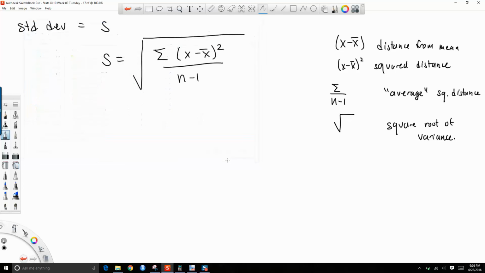Okay. If someone were to ask you, what is a standard deviation? What would you tell them? Square root of variance. Okay, well, that's not a very useful thing, right? If somebody asks you, why would we bother calculating a standard deviation? Telling them that it's the square root of the variance is technically correct, but it's not a useful answer.